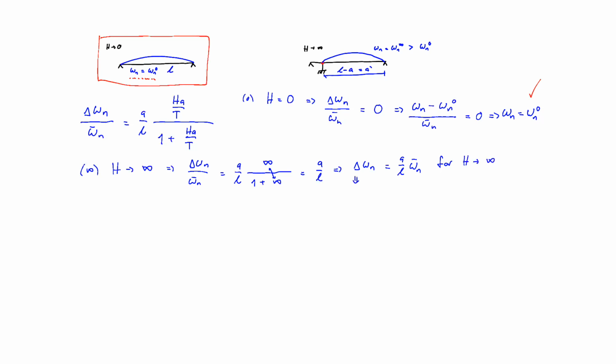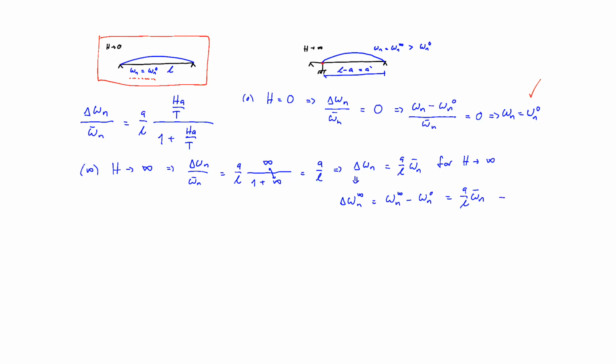So this is a real value, and the delta we then write with an infinity sign, and it is equal to this infinite frequency minus the undamped frequency, and that is equal to A divided by L times omega n bar.